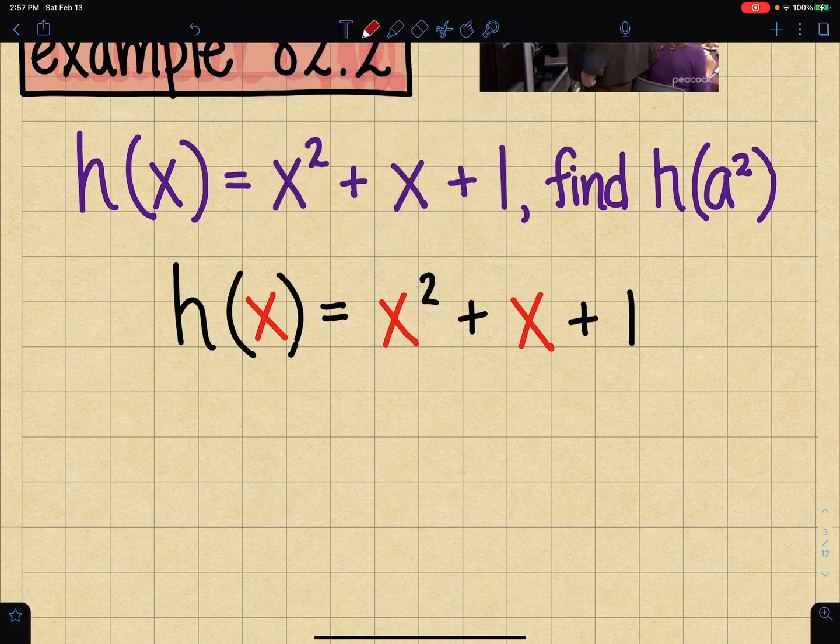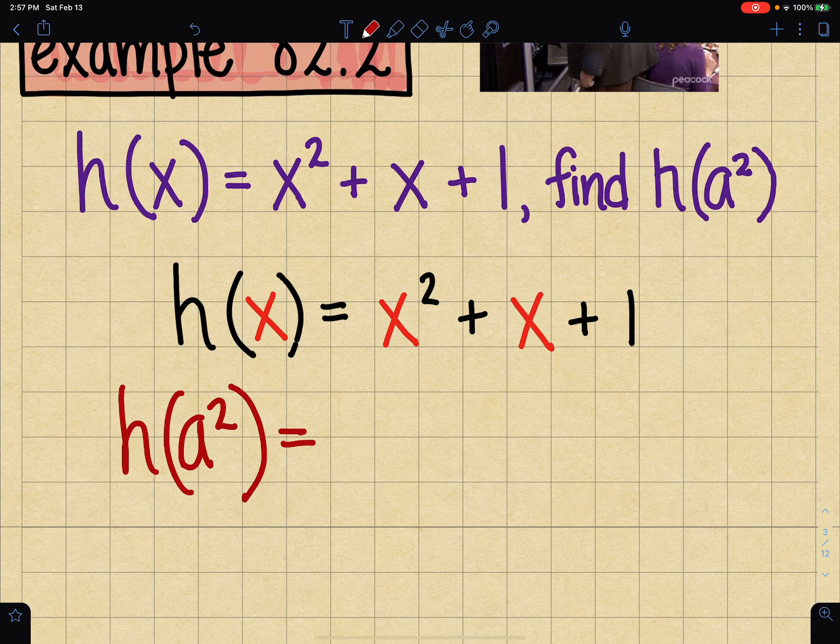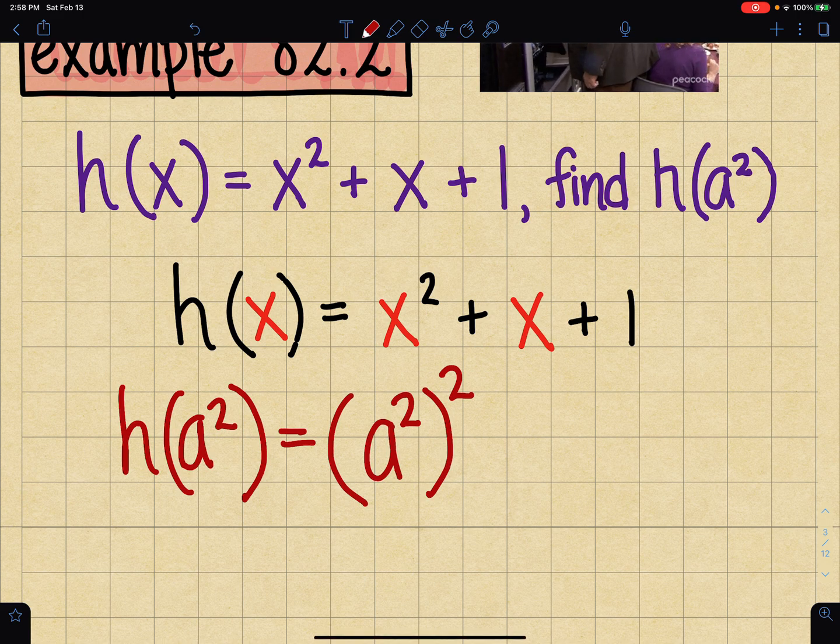Let's do it. h of a squared. Remember, you don't have to simplify this side. This is just telling you what's coming out of this machine of h. Okay, and so it's going to be a squared, but it's the quantity squared. That's important. Okay, that you get this whole thing that's inside the parentheses, a squared, in place of that x.